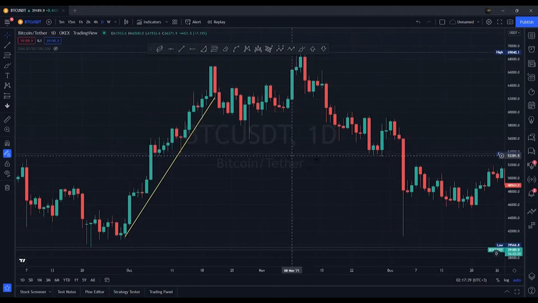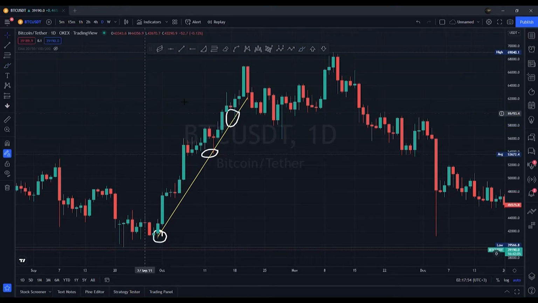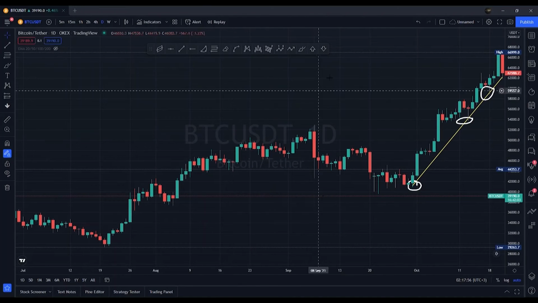Okay, this is an uptrend. The minimum number of swing lows contact must be 3. Okay, and let's find another one.